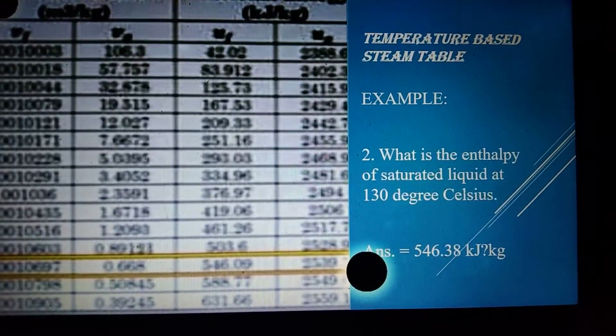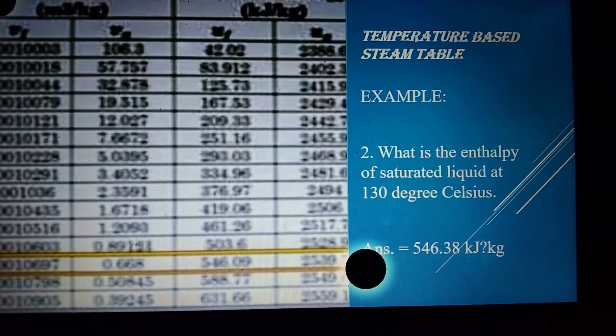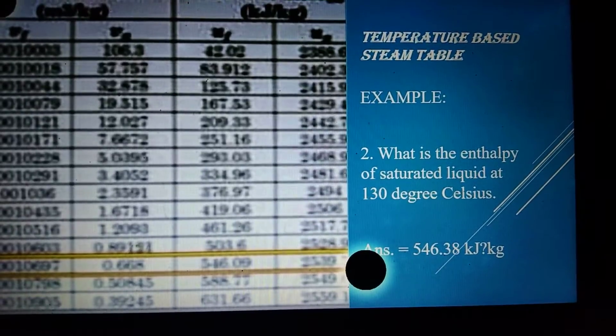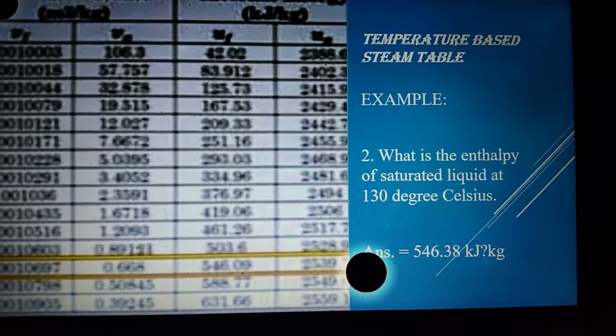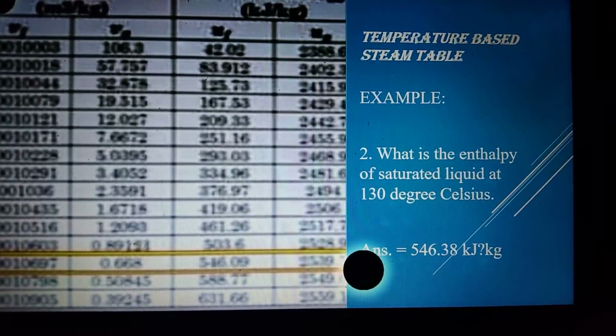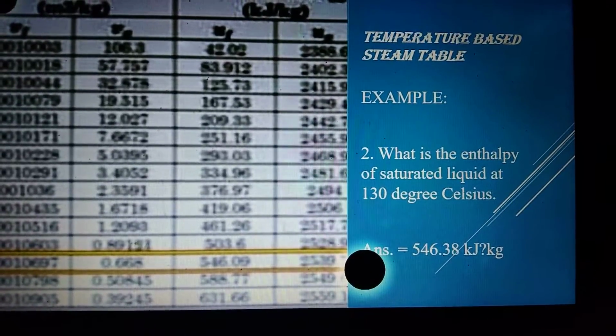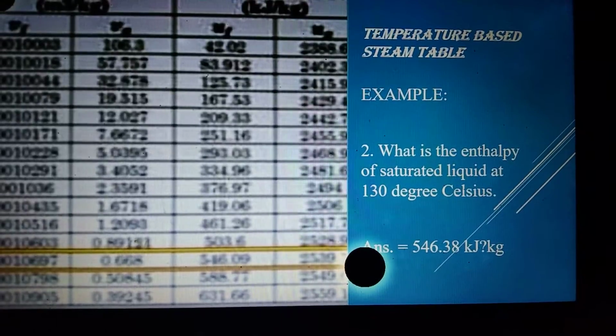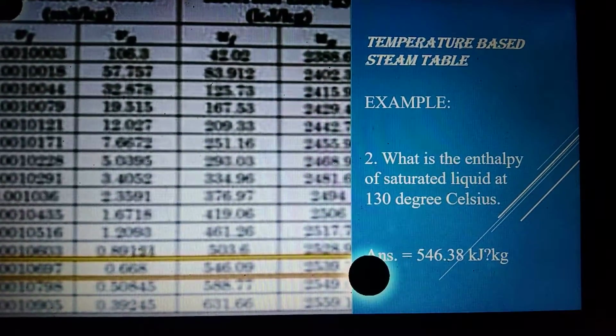Example number 2: what is the enthalpy of saturated liquid at 130 degrees Celsius? The answer is 546.38 kilojoules per kilogram. You can find it in the table.